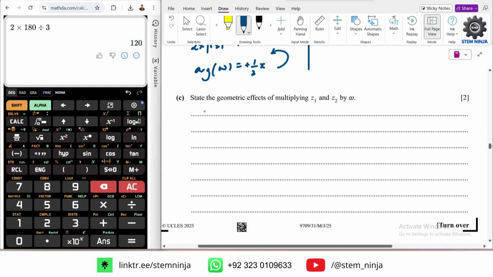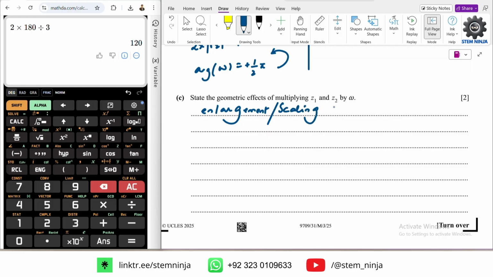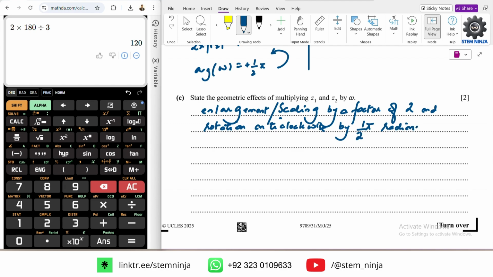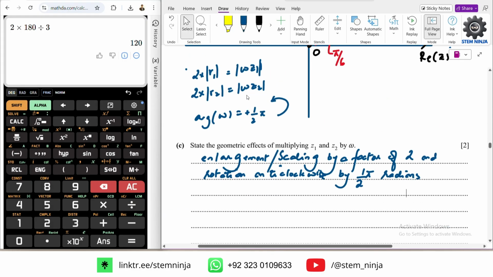So enlargement or scaling by a factor of 2 and rotation anticlockwise by half pi radians. Alright, so let's move on to the next question.